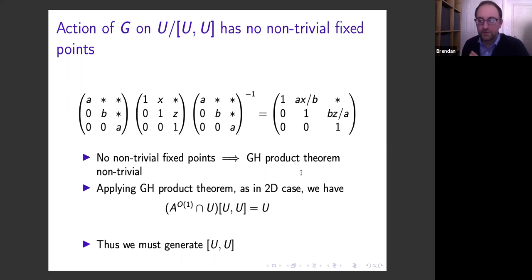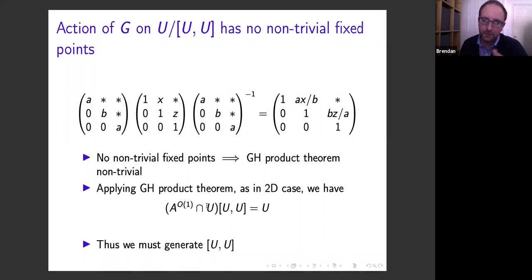Okay, so in this particular case, everything goes like the 2 by 2 case. Just using a sum product theorem, we can generate the subgroup U modulo its derived group by some bounded number of products of A. In the 2 by 2 case, we started with, say, A to the 4, and then we went to A to the 10, and that generated all of the unipotent group.